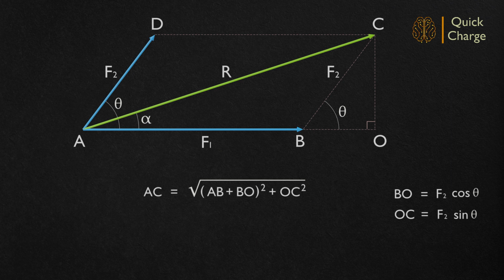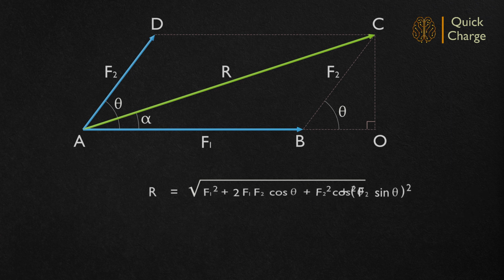Substituting these, the equation becomes R is equal to the square root of (F1 plus F2 cos theta) whole square plus (F2 sin theta) whole square. Rearranging, the equation becomes R is the square root of F1 square plus 2 F1 F2 cos theta plus F2 square.